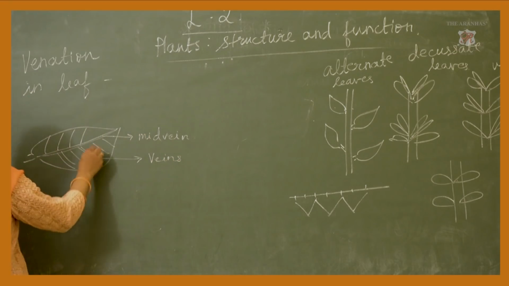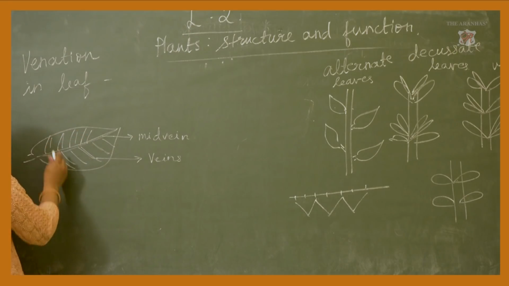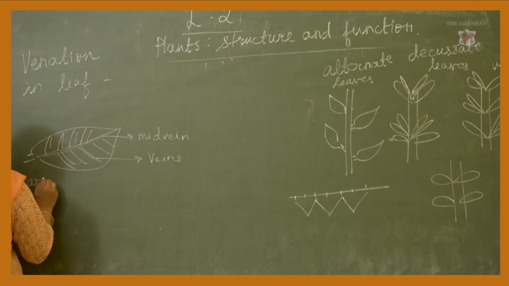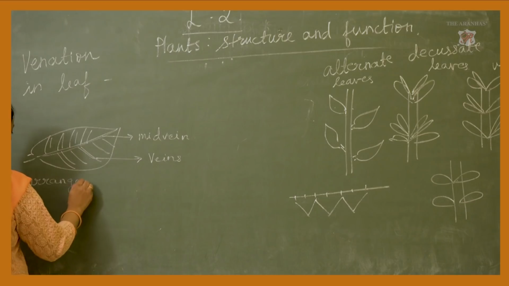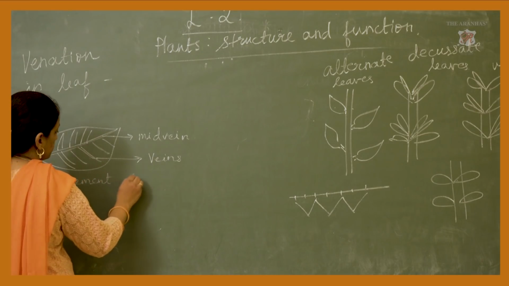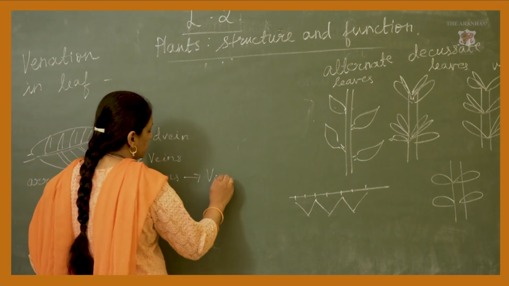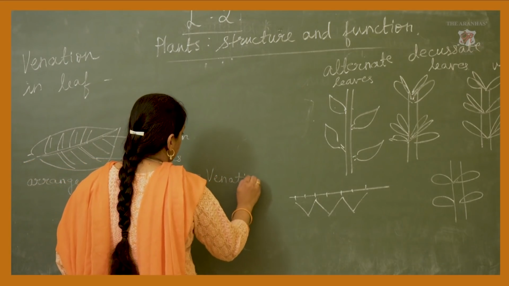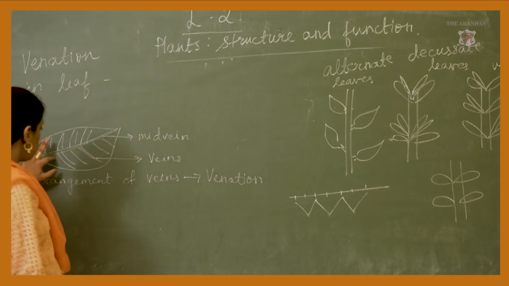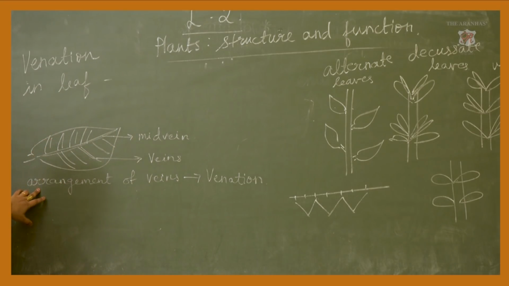So the arrangement of veins on a leaf is called venation in a leaf. Arrangement of veins is called venation. Everyone learn the definition and keep. The arrangement of veins in a leaf is called venation.